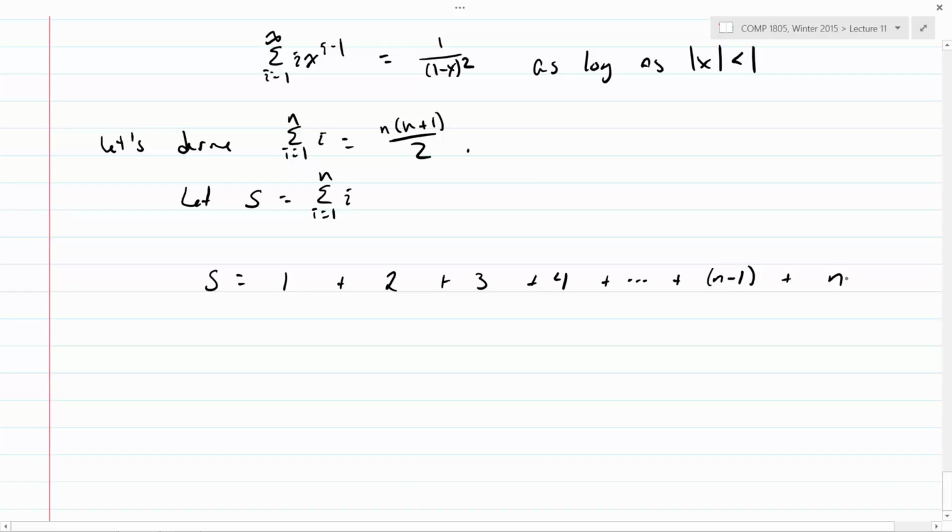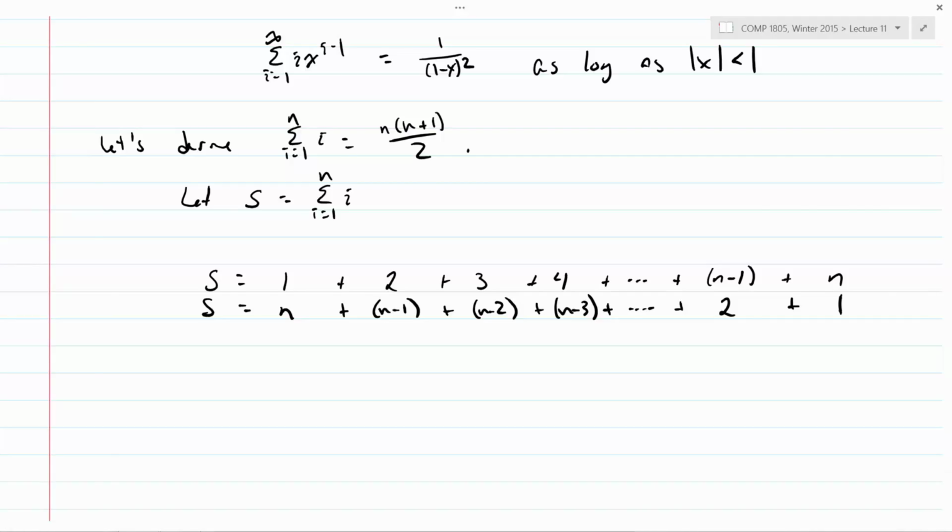That's what the sum is if you wrote it out the long way. That's not the only way to write this sum down, though. You could also write it down in reverse: n plus n minus 1 plus n minus 2 plus n minus 3 all the way down to plus 2 plus 1. Both of those are perfectly valid ways of writing down this sum.